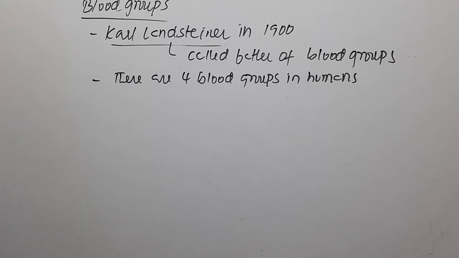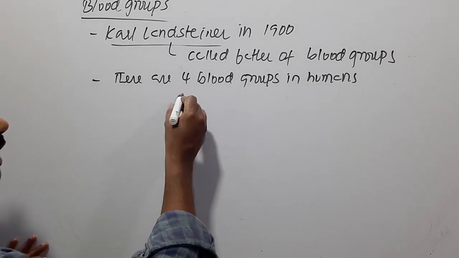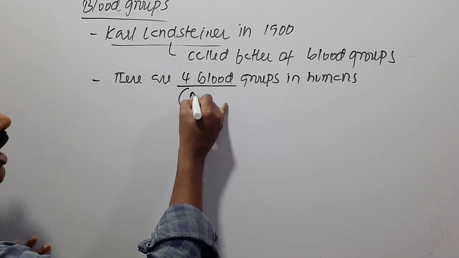And now, according to ISBT, the International Society of Blood Transfusion, we have around 33 major blood groups, which also includes this ABO blood group system, and another common blood group system which we will be studying in books is also the MNS blood group system.